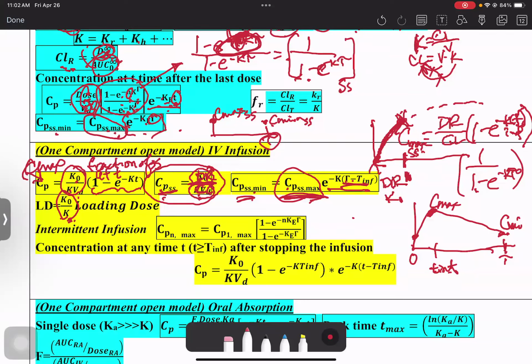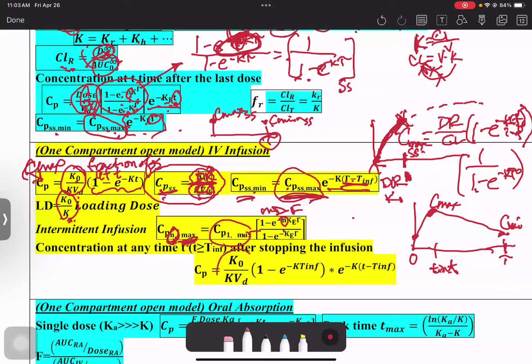Let's look at this. So here we have a concentration at the nth dose. So we're going to use the multiple dosing function, which is right here at the nth dose. And if we want, we can figure our max. If we know the max on the first dose, we can just fast forward to whatever nth dose after that, right?